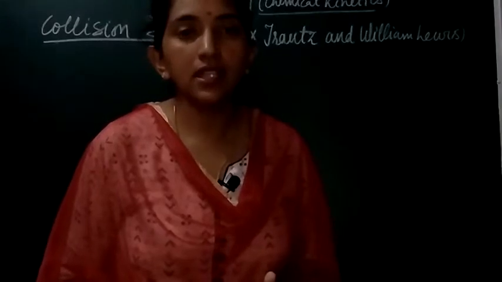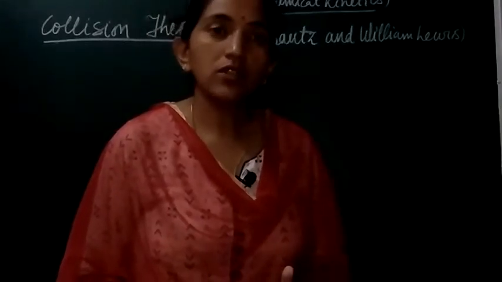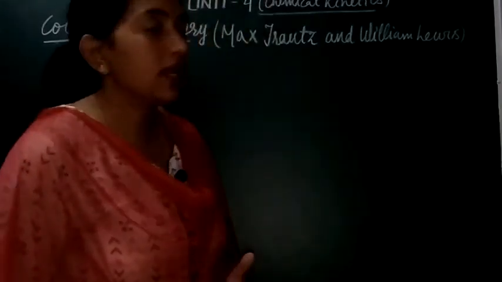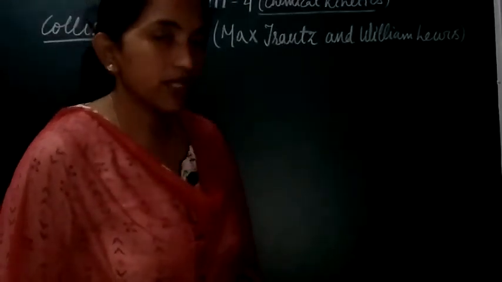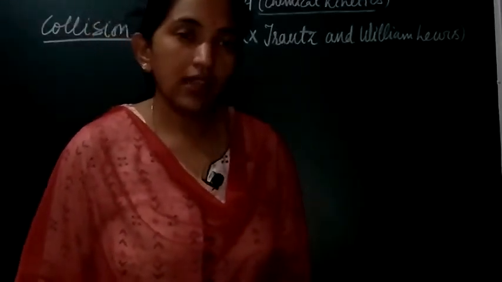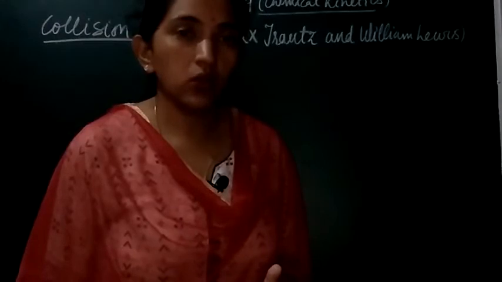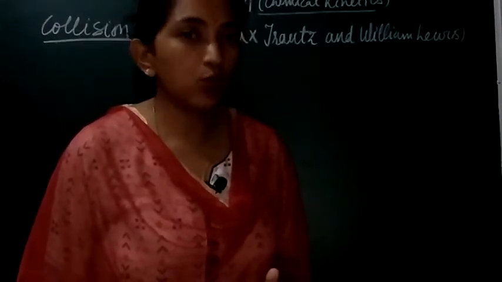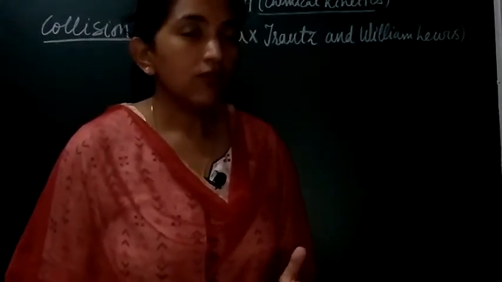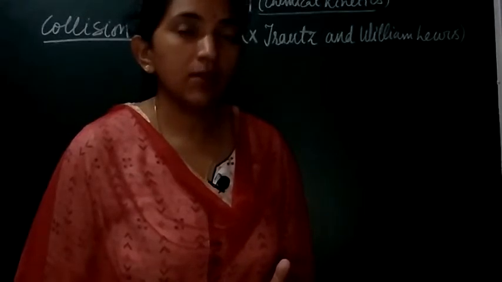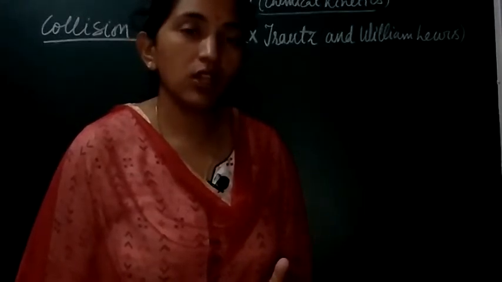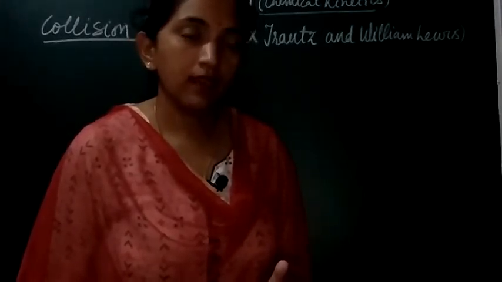The collision theory was given by Max Trautz and William Lewis. So they have told that the first point is that for a reaction to take place, the reactant molecules should collide, right?